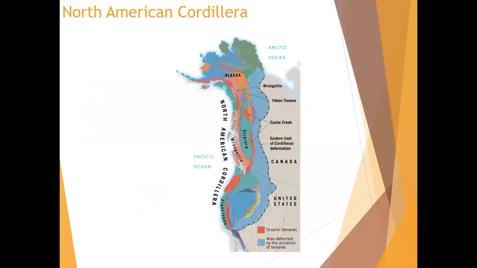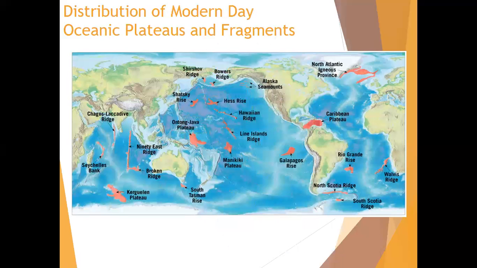This is looking at a structure, the North American Cordillera, that is the result of the mountain building we just talked about, where this was added on as different microcontinents and different islands that were accreted onto or plastered onto the continental crust here. You can see in this picture where there are modern day oceanic plateaus and fragments.